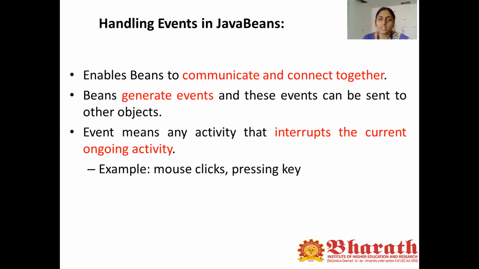So the event generated in one object will be communicated to the other object for a response. An event means any activity that interrupts the current ongoing activity. And we can have many examples of events, like mouse click, mouse press, pressing a key, etc.